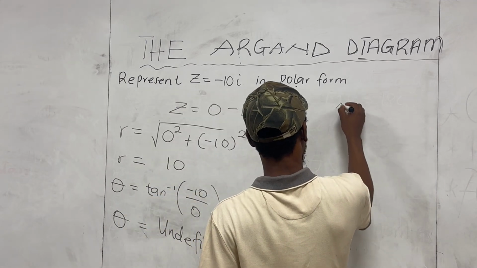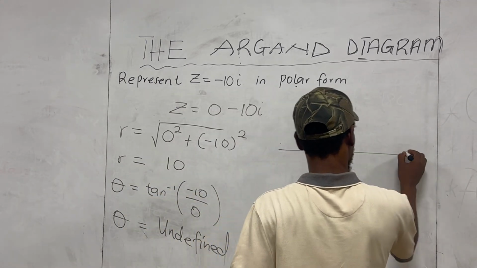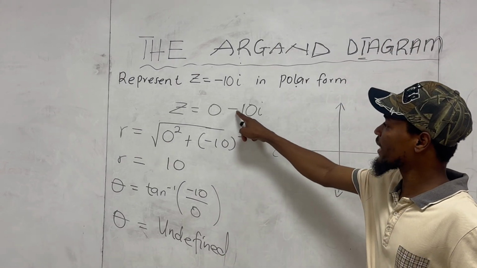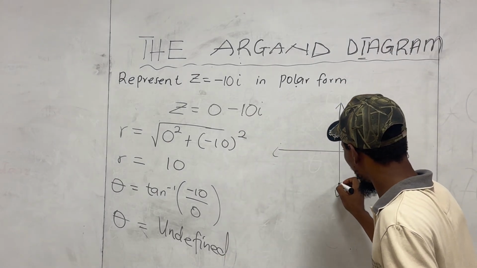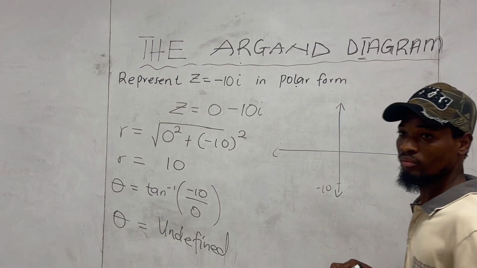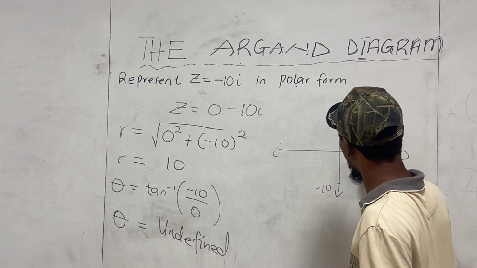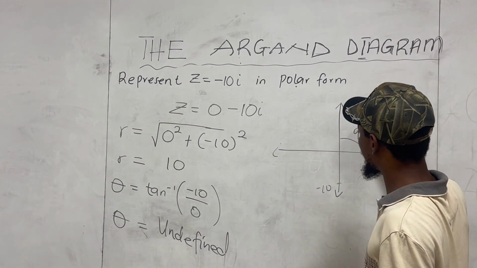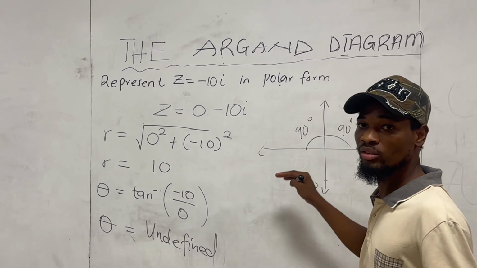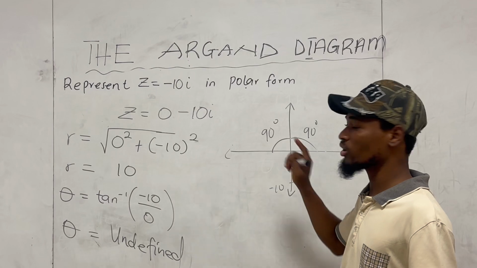Let's plot here, negative 10i comes here. If I move from here to here, this is 90 degrees, right? From here to this also gives 90 degrees. The total angle over here is 180 degrees.